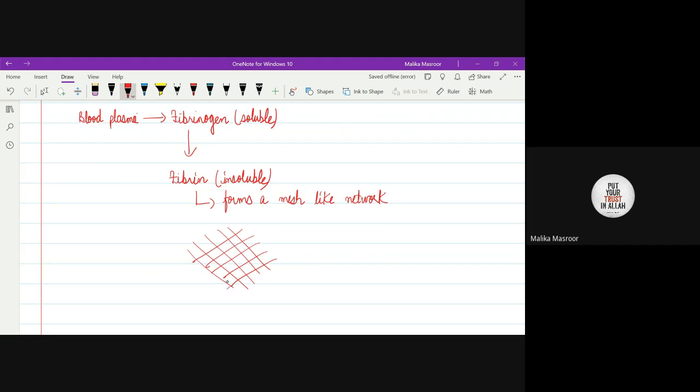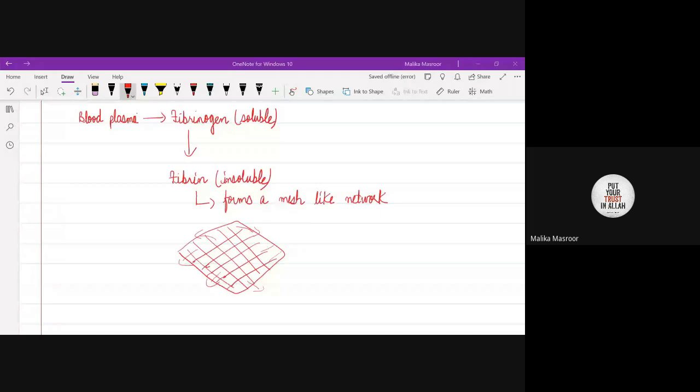The scab that forms is this. If the wound is sealed, do you think red blood cells or platelets are going to come out? Nothing is going to come out, right? So this is how it seals it, and then your platelets stick together and form clumps, basically a blocking of the wound. Then that forms a blood clot. Is this clear?